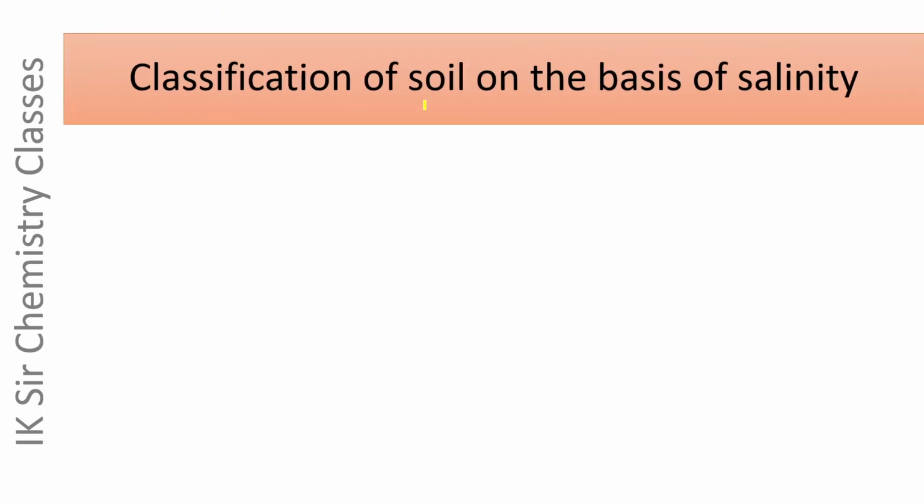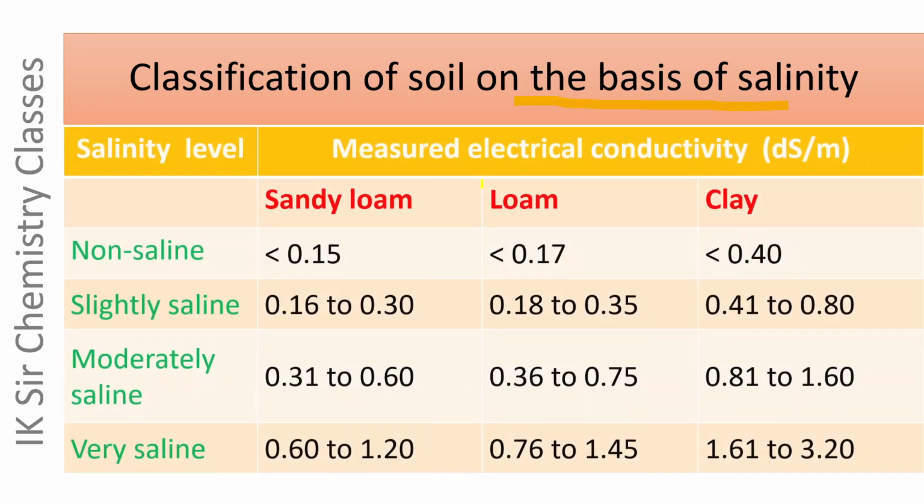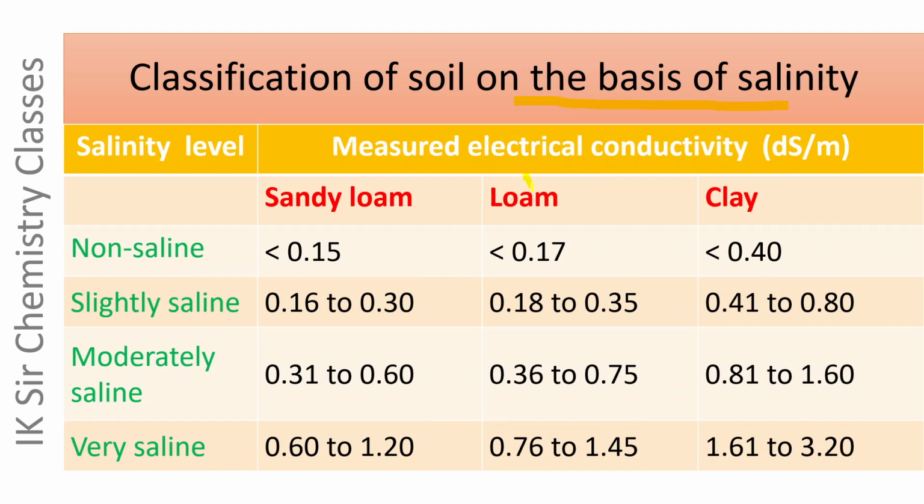Classification of soil on the basis of salinity. Soils are classified on the basis of texture also. Loam means दोमट मिट्टी, sandy loam, बलुआही दोमट मिट्टी, and clay means चिकनी मिट्टी. This classification is based on the texture of soil.